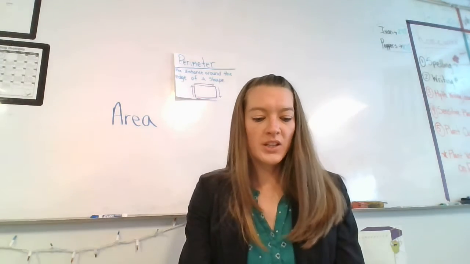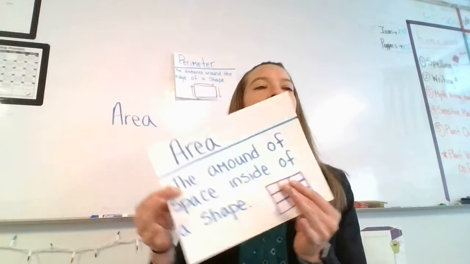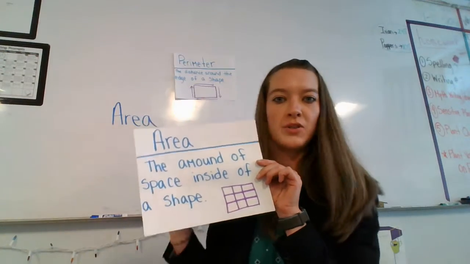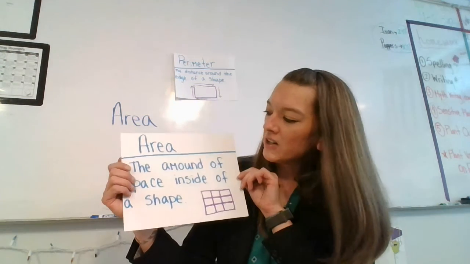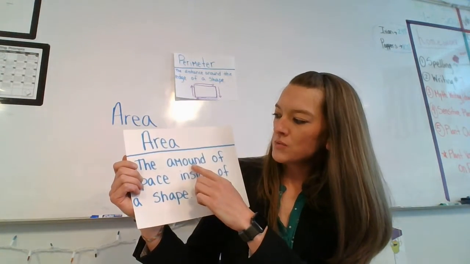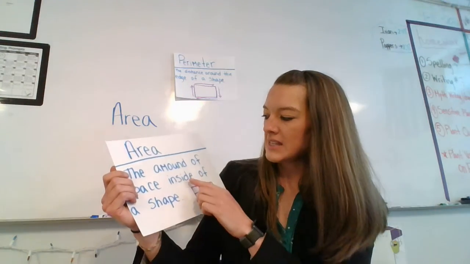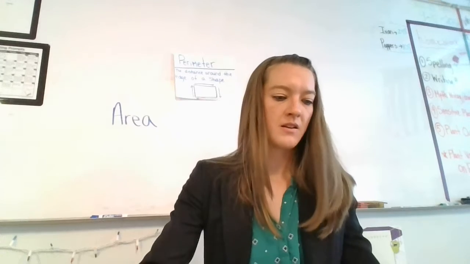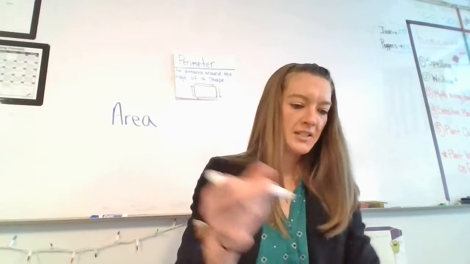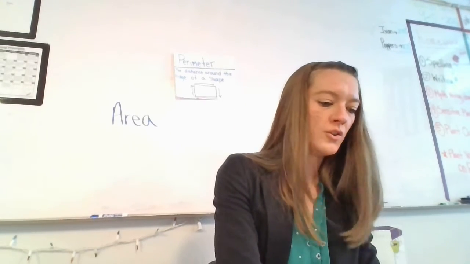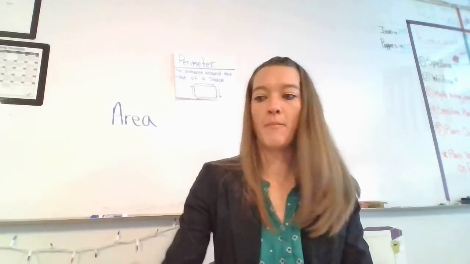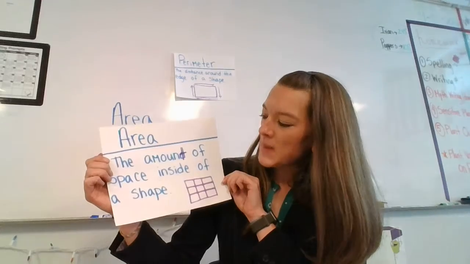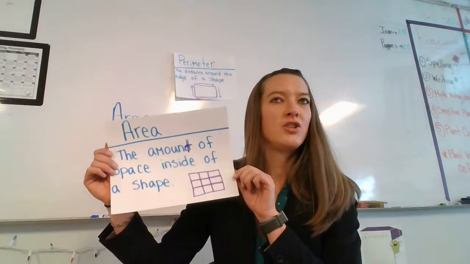So if we're looking at area, we've got this handy dandy little poster. So we have our perimeter poster again. And for area, it is the amount of space inside of a shape. I just realized I wrote "amount" wrong. I know you guys would have called me on that. Amount of space inside of a shape.